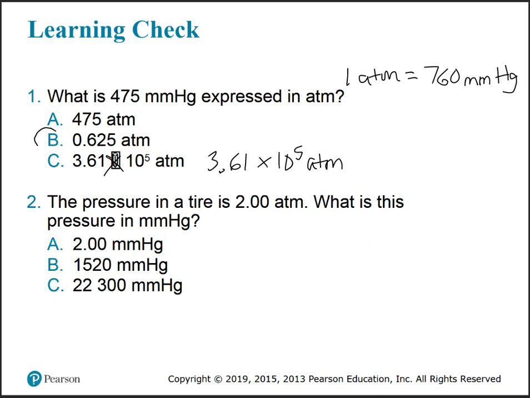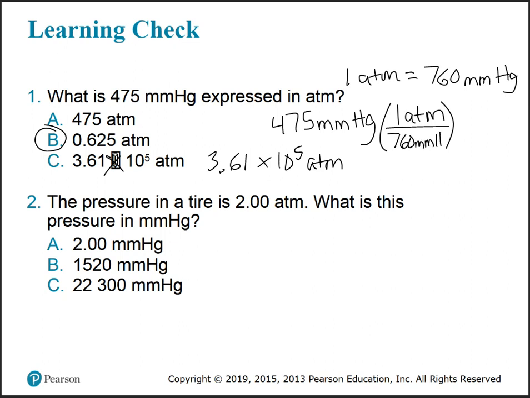So yeah, number 1 is B. And for those of you who didn't get it, what you should do for this problem is take your 475 millimeters of mercury and multiply by the conversion factor that has 1 atmosphere at the top, 760 millimeters of mercury at the bottom.